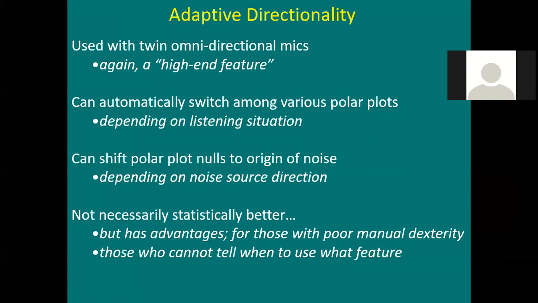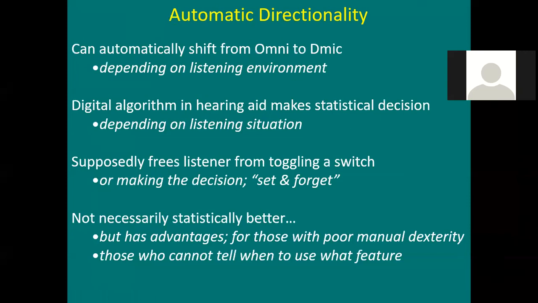Automatic just means the hearing aid shifts from omni to directional mic by itself, depending on the listening environment. It means that the listener doesn't have to change from omni to D mic. The hearing aid makes the decision by itself, depending on the listening situation. If it's a noisy situation, it'll go into D mic.